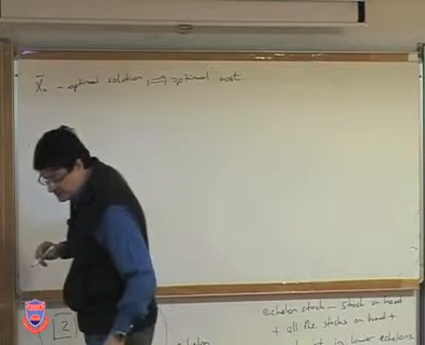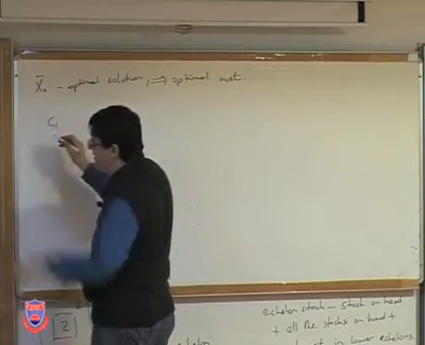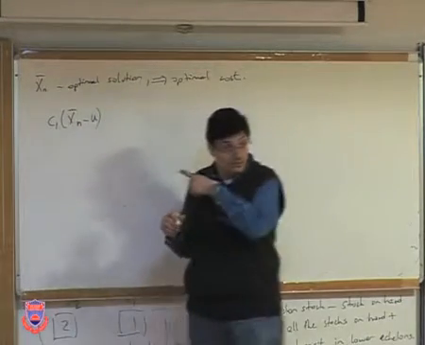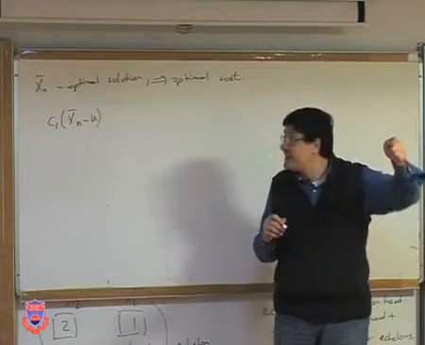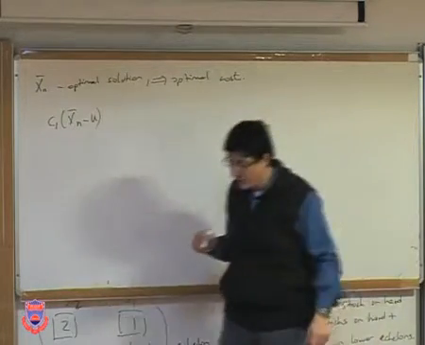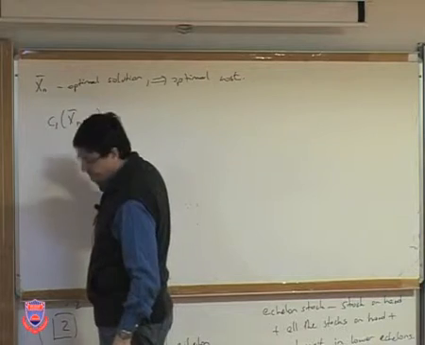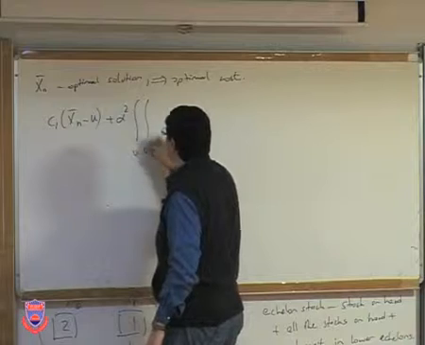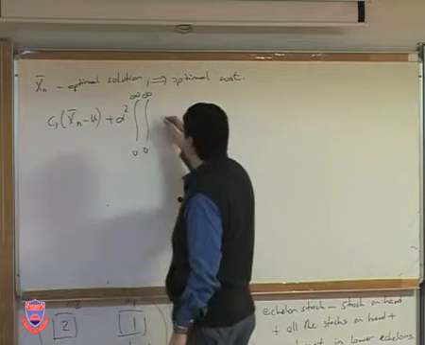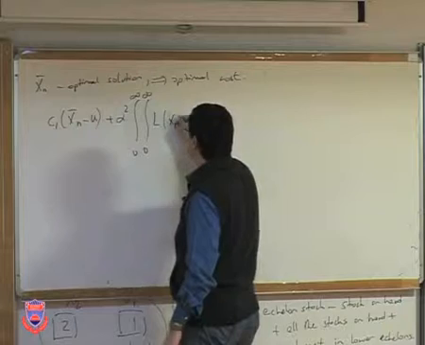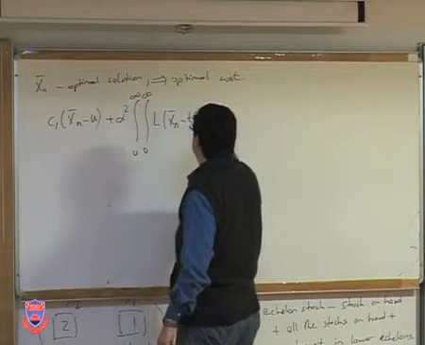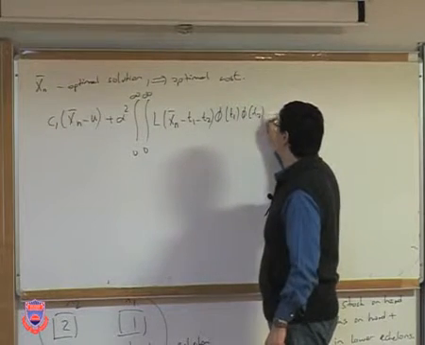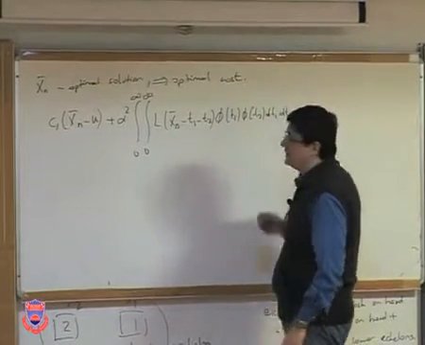The optimal expected cost would be C1 of x_n bar minus u. I am simply putting x_n bar into the equation, plus alpha squared. So I have two integrals, and then I'm going to have L of x_n bar minus t1 minus t2, phi of t1, phi of t2, dt1, dt2.